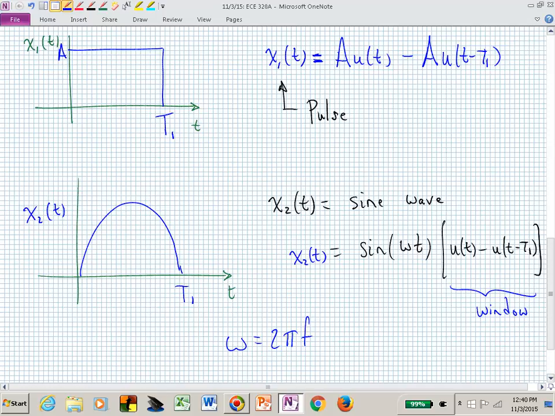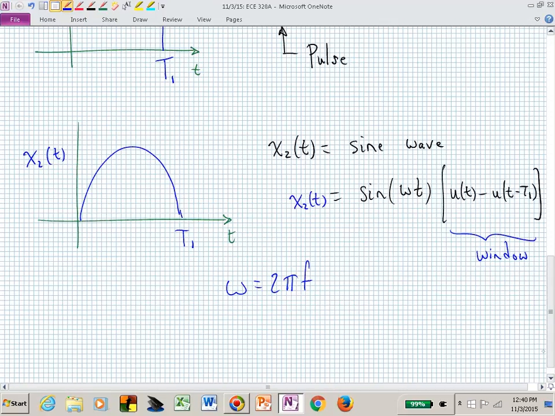But now that triggers, hopefully, some additional information. How is the frequency f related to the period of that waveform? They're reciprocals. In this case, what is the period? It's 2 times capital T sub 1.